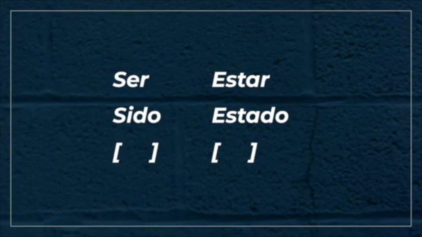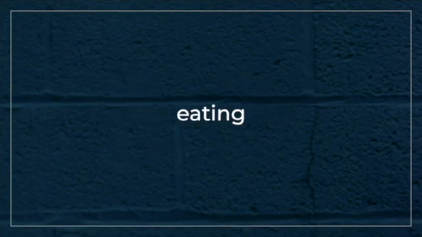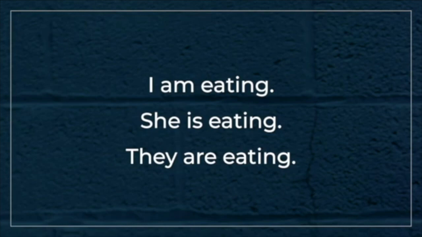There's a third type of unconjugated form to learn for all verbs, and it's called the gerund. This is a form of the word that's used to put an action in the present. Consider, for example, the word eating in English. I am eating. She is eating. They are eating. So the word eating is not changing even though the person is changing.